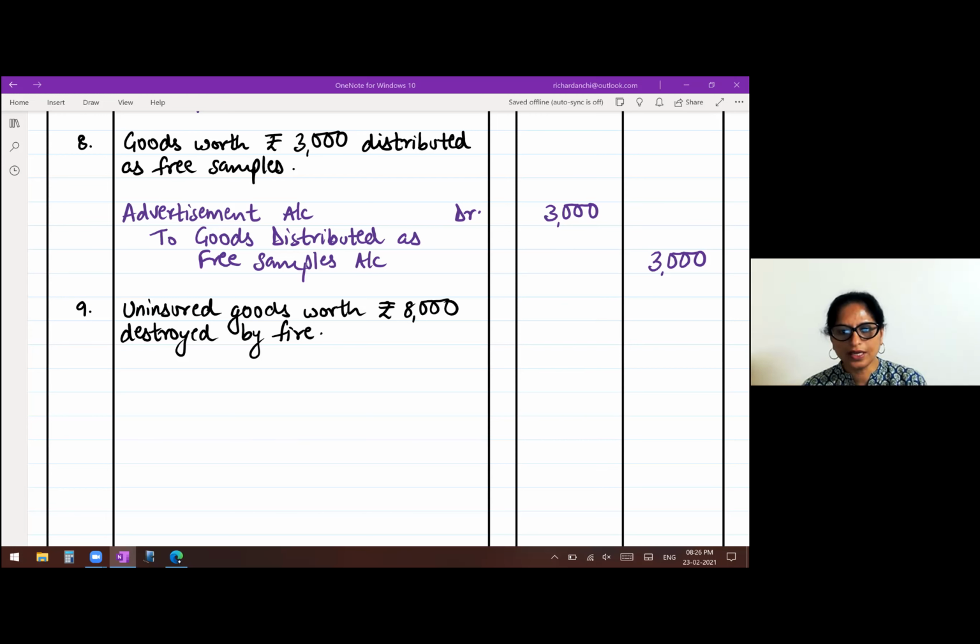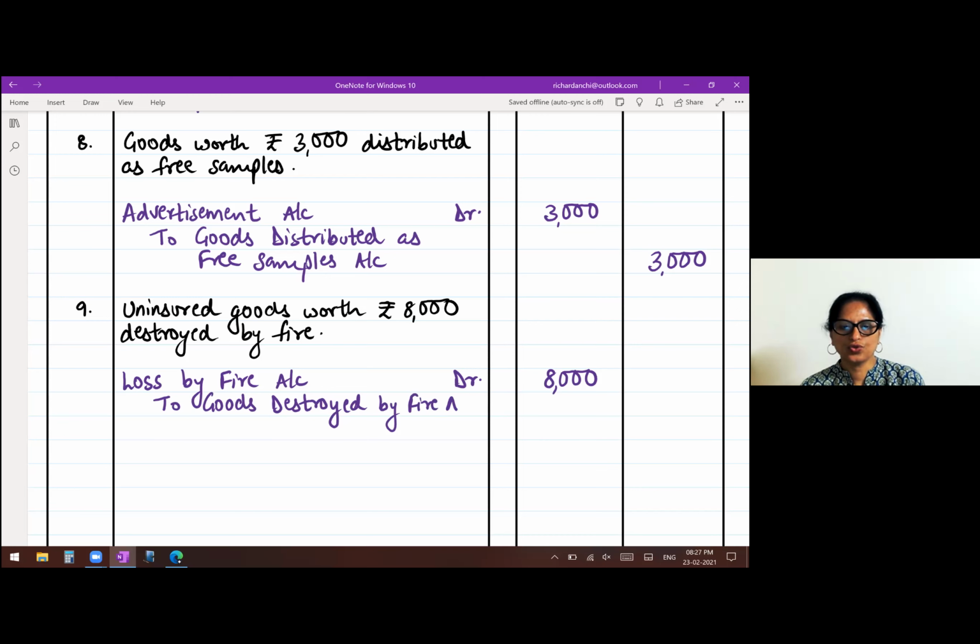So how will you write this entry? And all losses are debited. So you will write loss by fire account debit 8,000. To goods destroyed by fire account 8,000.